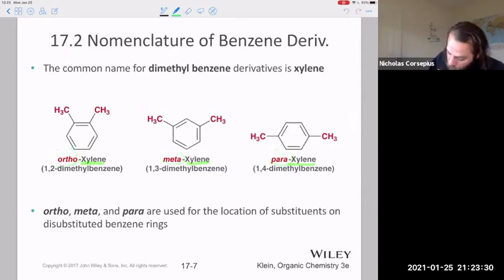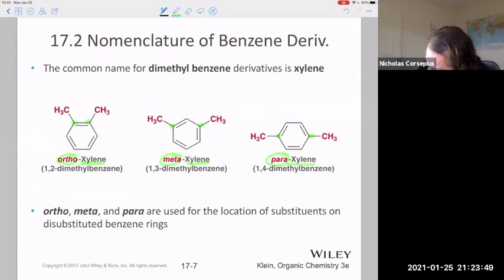Okay, so ortho is when they are directly next to each other. Meta is when they are 1 apart. And para is when they're on the opposite sides of the ring. Okay, so that's how we refer to di-substituted compounds.